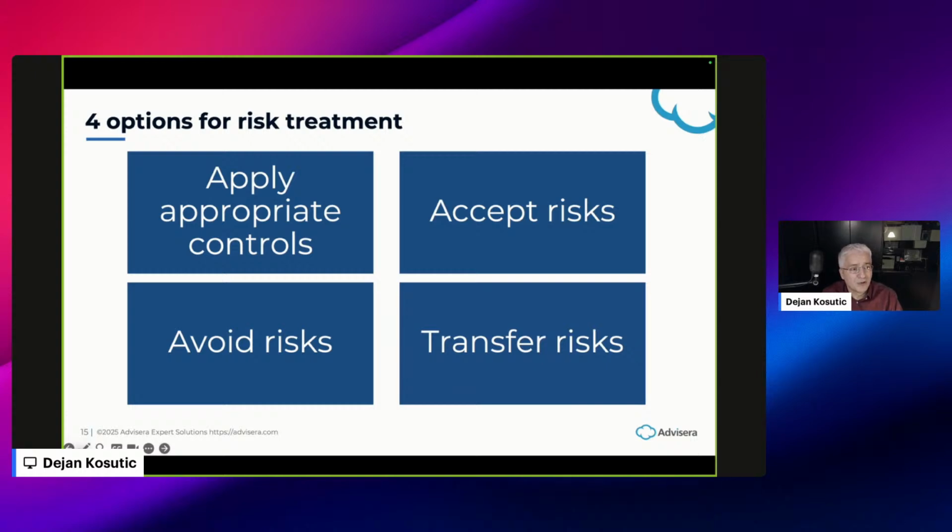So if your physical server goes on fire, then you will get some money from the insurance company. So this is the way to transfer the risk to an insurance company. Okay, so these are again the four typical, most common ways to treat the risks.